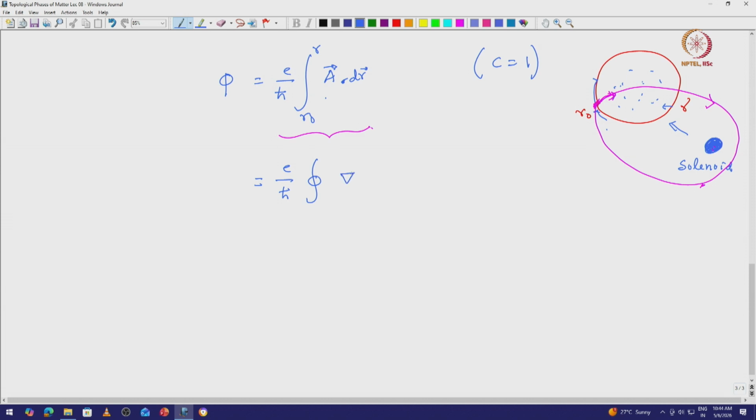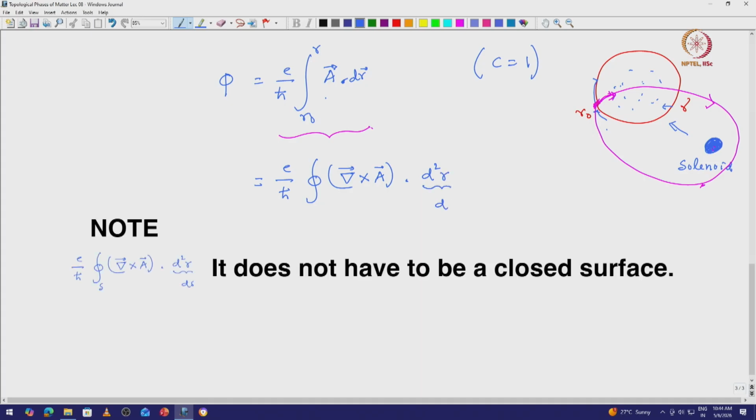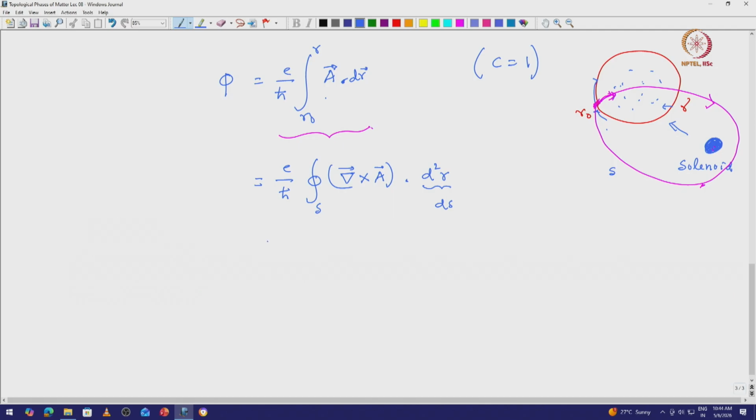and we can just use the Stokes theorem as we did. What we get is this S is the S that is enclosed by this. Okay.